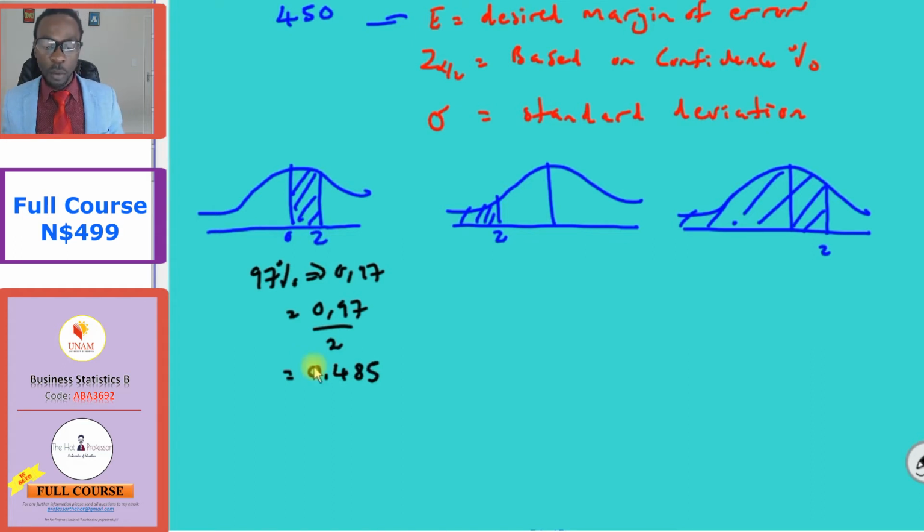Now what we are going to do is go to the normal table which looks like this, the one which is half, and look for 0.485 inside the table, not by looking on top and bottom to find where they link. We go inside and look at all those numbers for 0.485 or as close to it as possible.